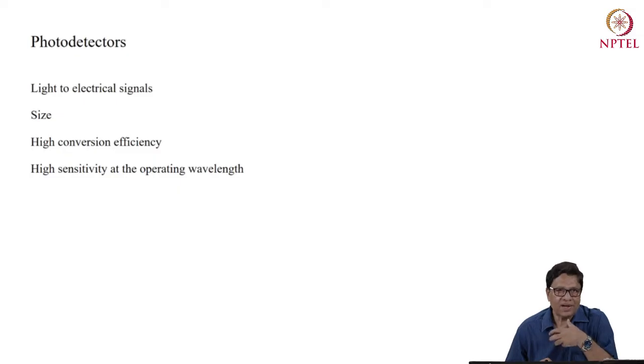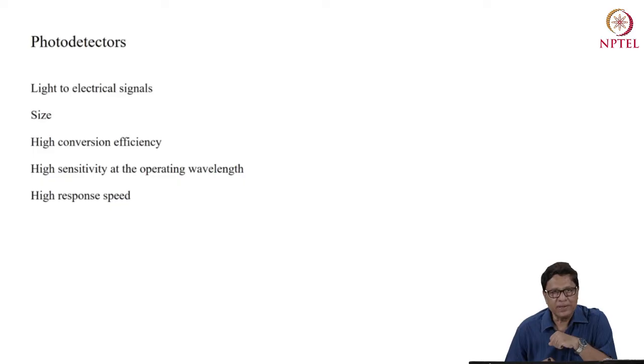The kind of detector you should use should give you high sensitivity at that particular operating wavelength. If you are using this in a visible light scenario, it will give you a high sensitivity against visible light. So depending upon the application, it should have high sensitivity at the operating wavelength.